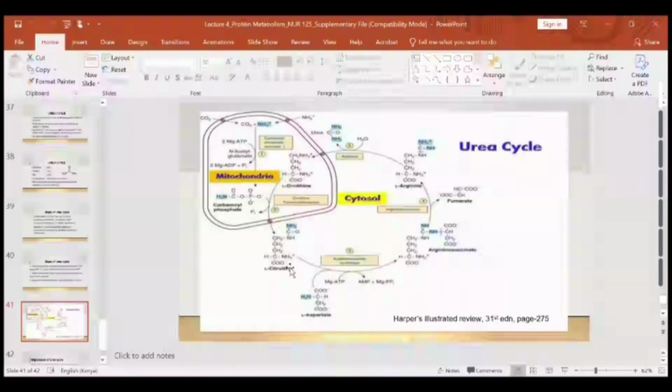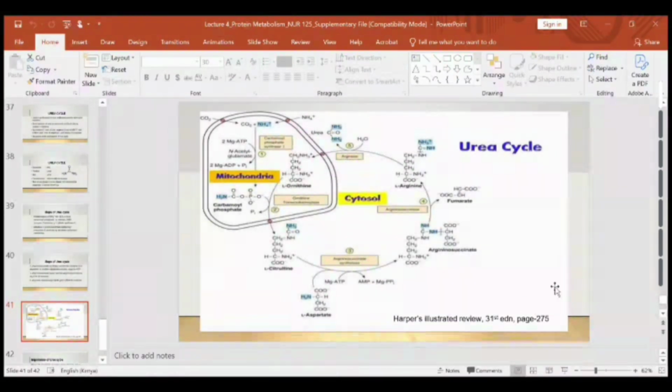Then citrulline moves out of the mitochondria and gets to the cytoplasm. So citrulline is condensed with aspartate to produce argininosuccinate. This requires an enzyme called argininosuccinate synthetase, and this again requires ATP.